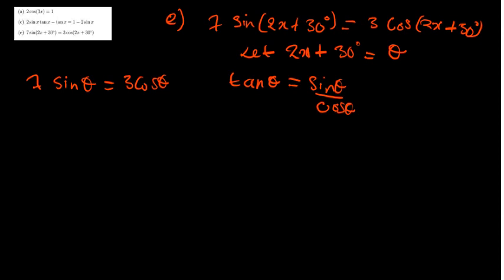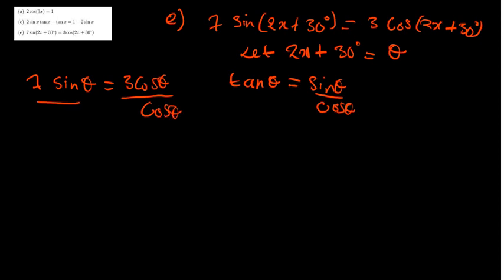So when you have two functions in one equation, in this case sine and cos, it's better to make one function, in this case tan. To make tan, you divide throughout by cos theta.